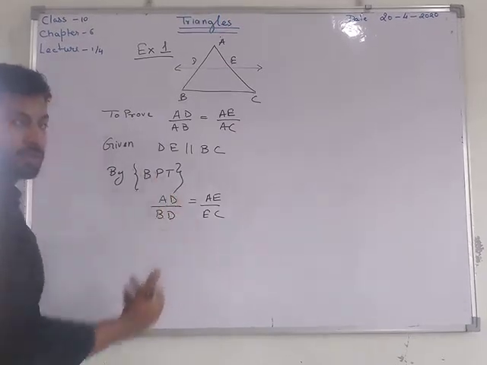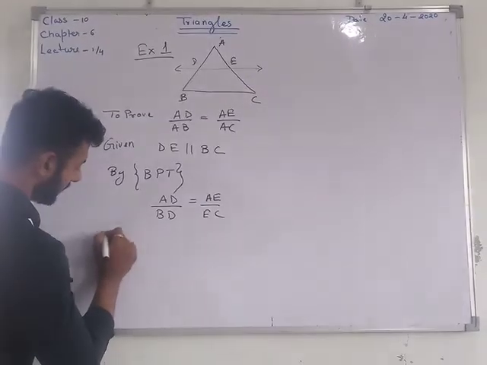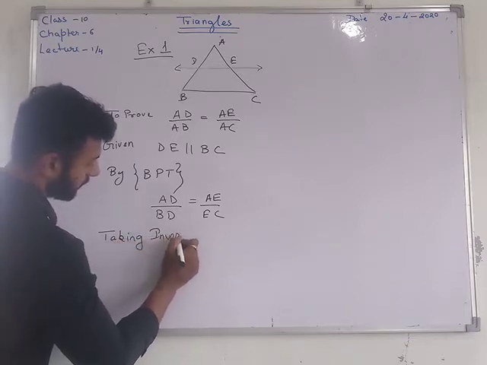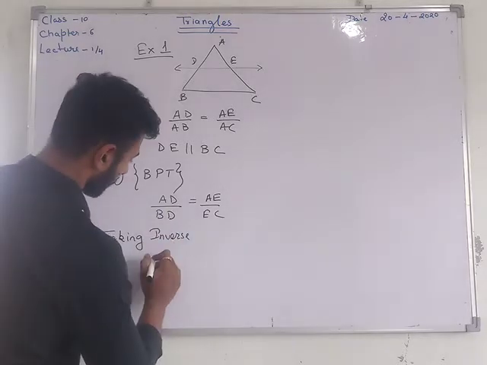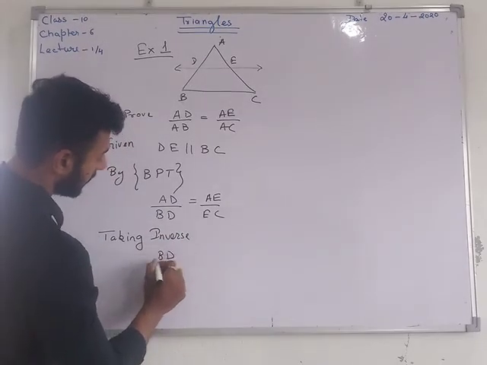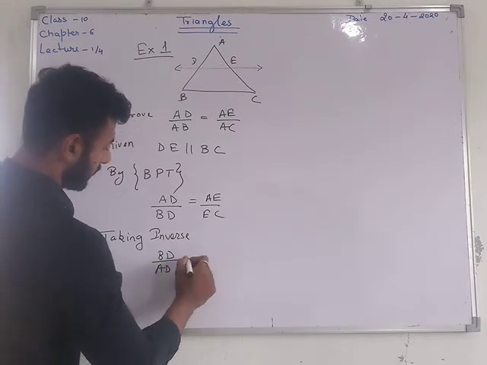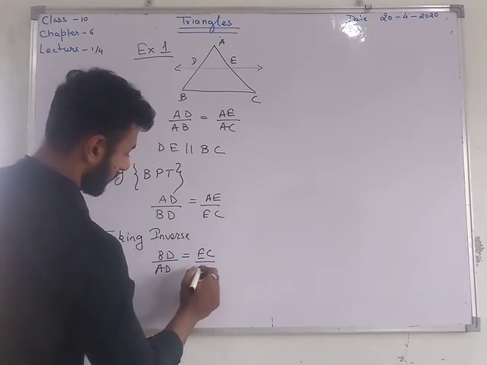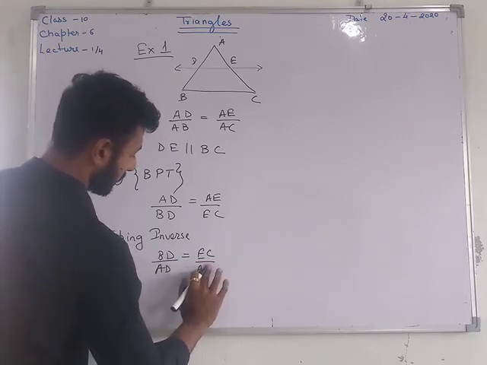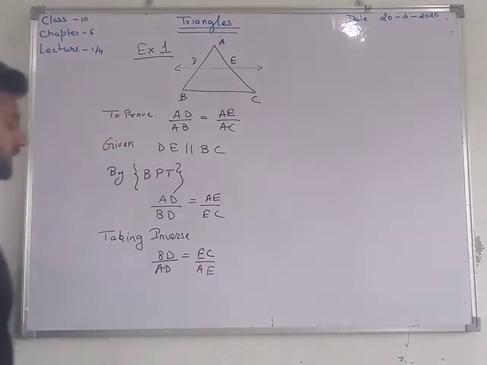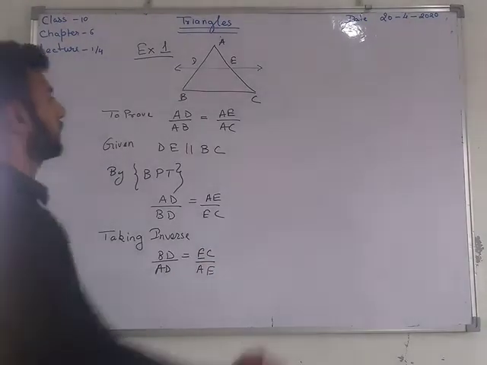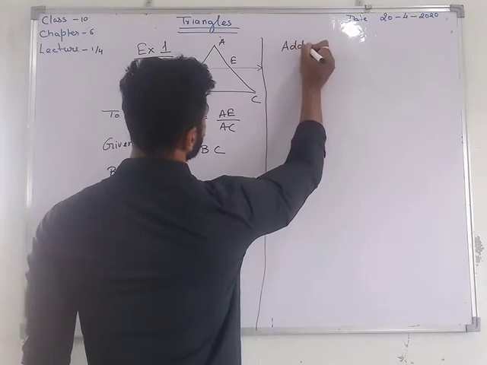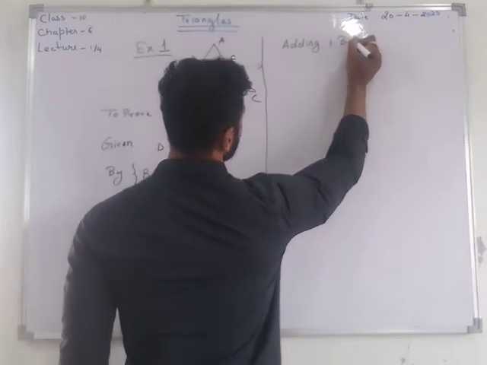Now taking the inverse of this, we get BD upon AD is equal to EC upon AE. After this we have to add 1 on both sides.